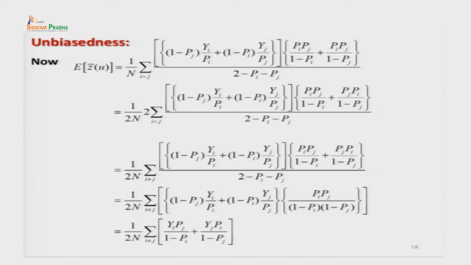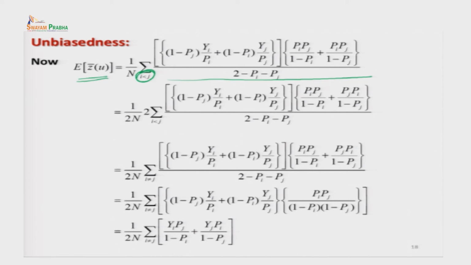Right. Now, in case I take the expectation of z bar u, you can see the expressions may be a little bit lengthy, but they are not complicated. So I simply take the probability and take this expectation using the basic fundamentals. After that, what I am doing here, you can see that we have a symbol i less than j. The summation is going over i less than j, and I want to convert it into i not equal to j.